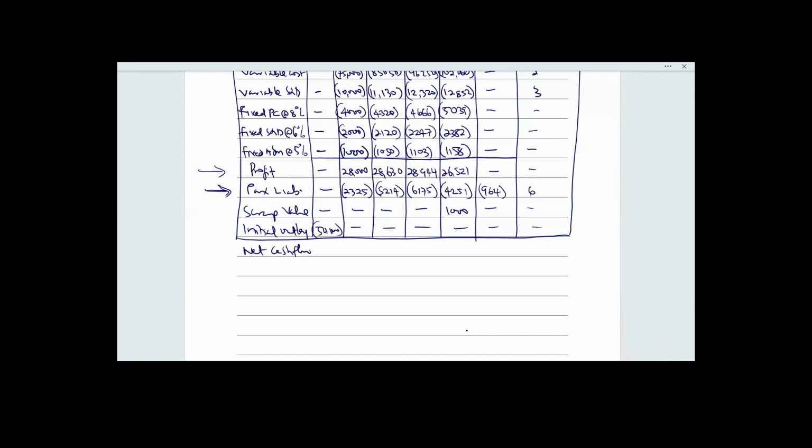We're almost there. 50,000, let me rewrite that. So we have net cash flow. We have discount factor. The examiner says we should use a cost of capital of 12%. Then we have the present value, then the net present value. That's it.